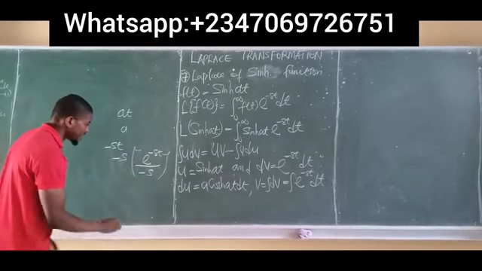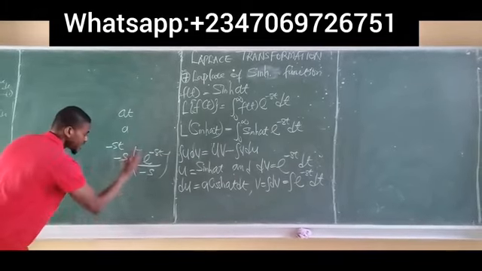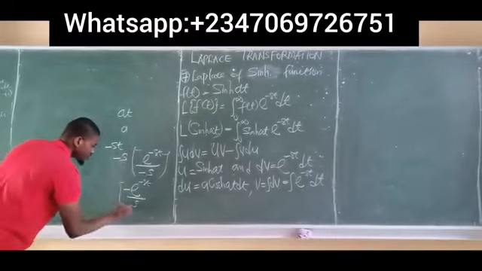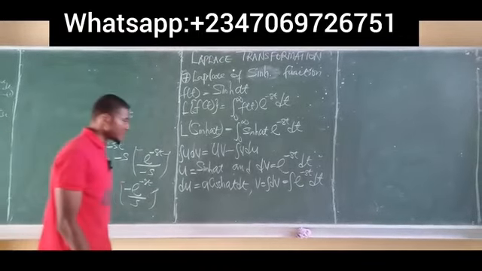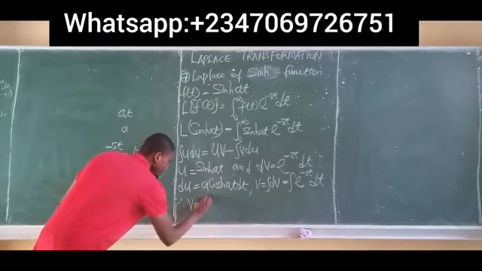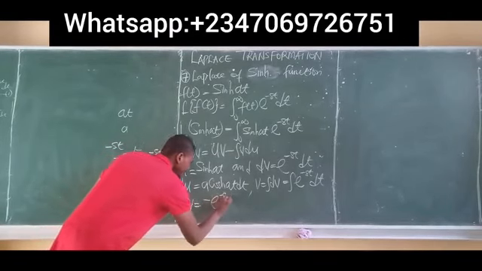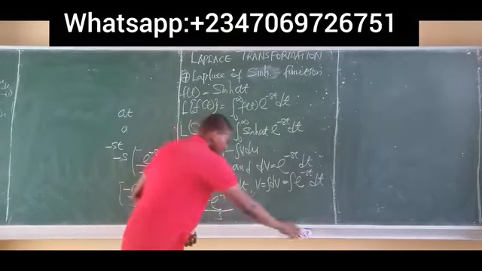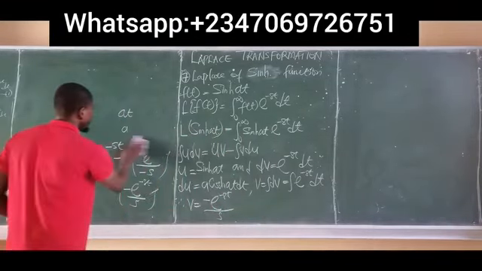I can easily rewrite this by taking the negative sign up, it becomes minus exponential minus st all over s. Hence, v is simply equal to minus exponential minus st all over s. Now, we have these values for v and we have the value for du.